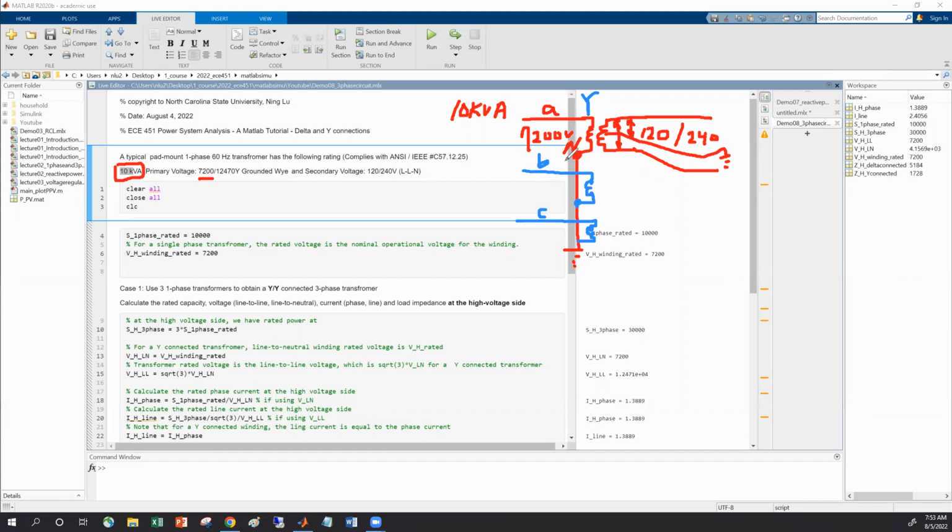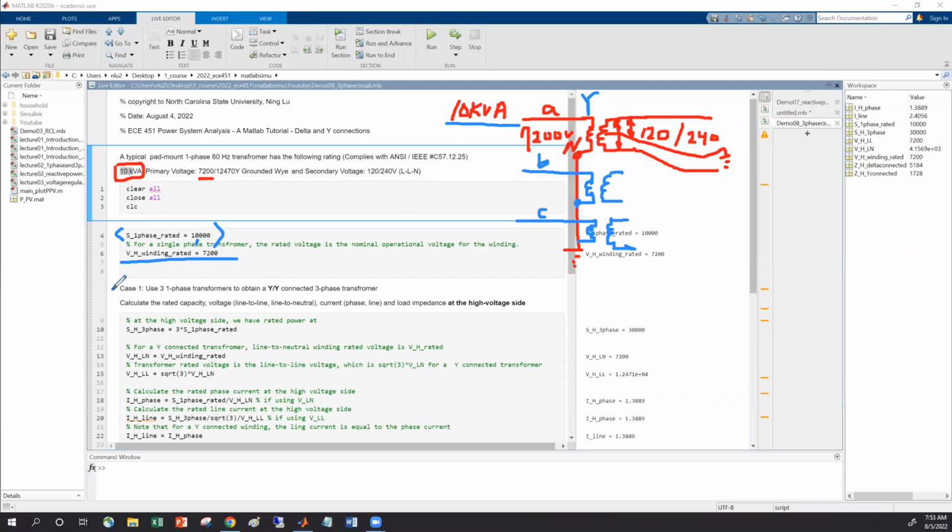So in this case, we're going to see that for this new three-phase transformer, what is the rated capacity, the rated voltage, and the rated current. First, for this single transformer, the capacity is 10 kVA, and then the rated voltage is 7,200.